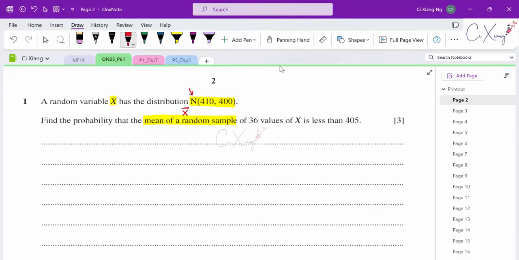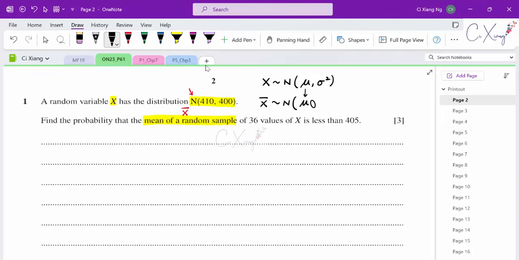So for sampling distribution, you need to recall a little bit. When we are writing anything with x, it is population. If x is normally distributed with a mean and a variance, then when we get the sample mean from this population, the mean of the sample mean is the same as the population mean.